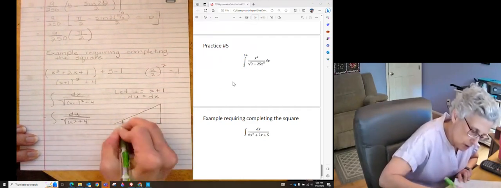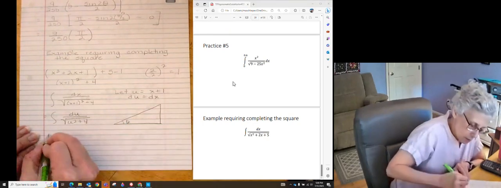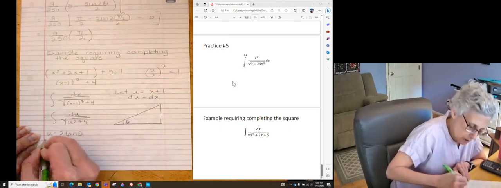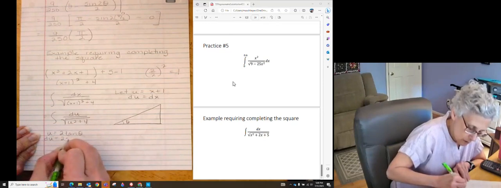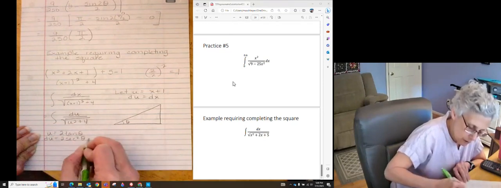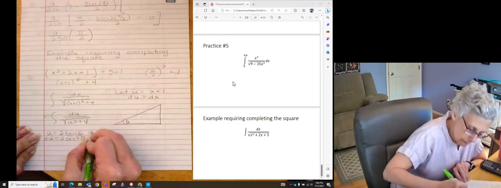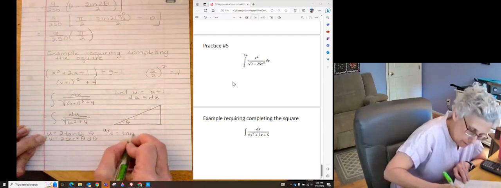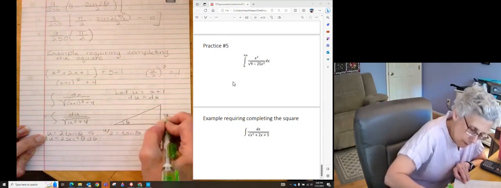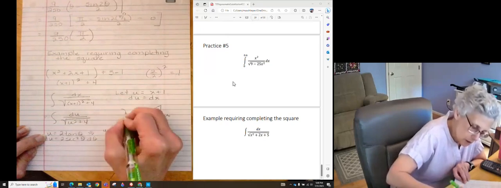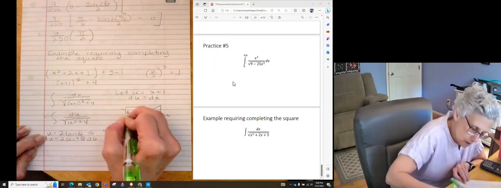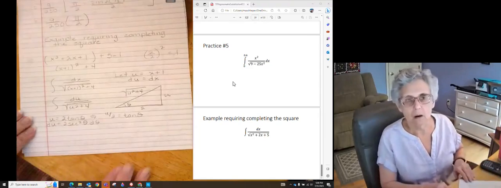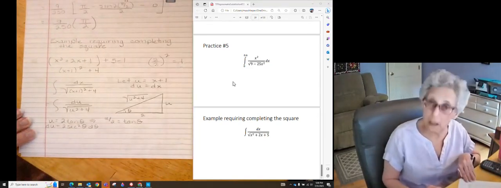That's a job for a tangent substitution. So u is equal to 2 tan theta. du is 2 secant squared of theta d theta. And this tells me that u over 2 is tangent. So opposite over adjacent, hypotenuse is square root of u squared plus 4. Be all ready to bring my u back, and then I'll bring my x back.